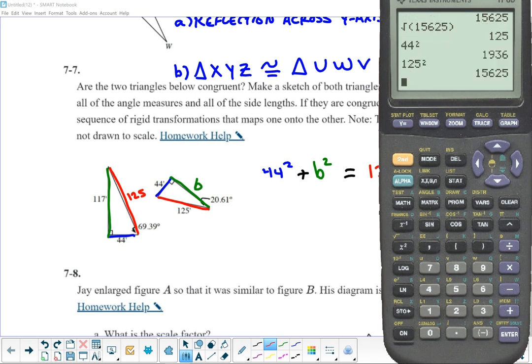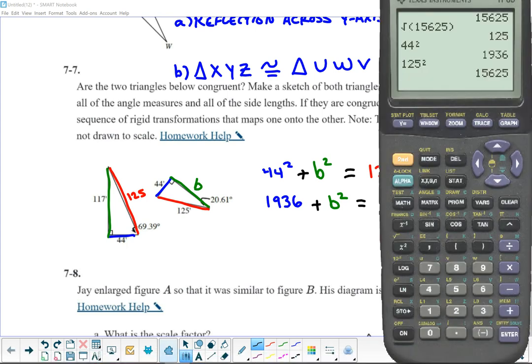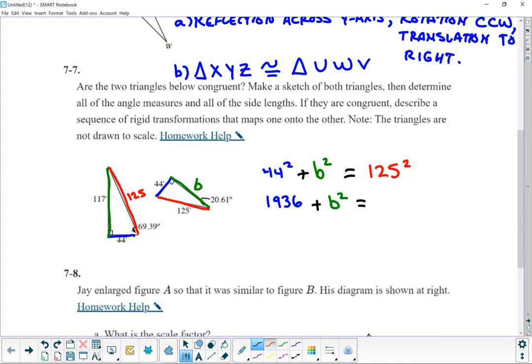So 1936. So this is 1936 plus b squared equals, and then 125 squared is 15,625.